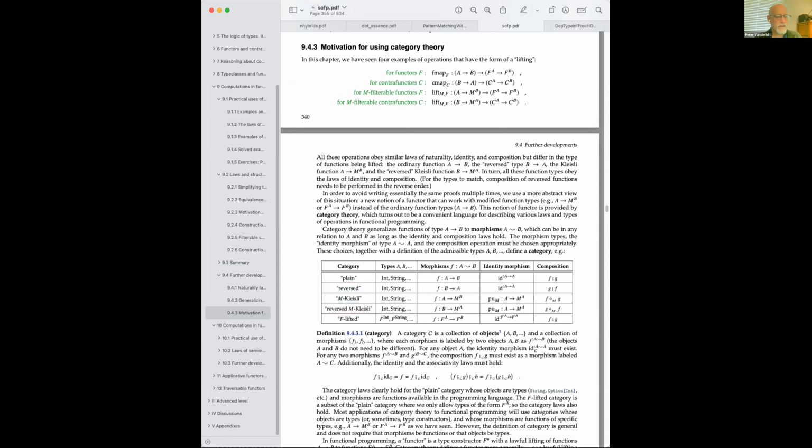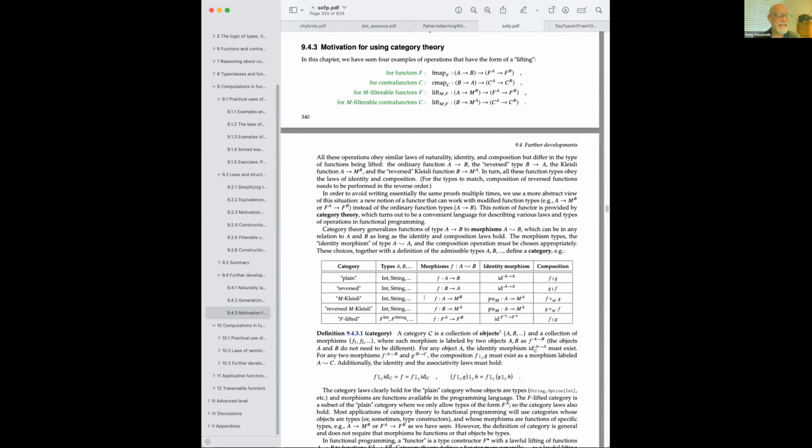The plain category has objects that are types. So if you have A and B, morphisms between them are just regular functions from A to B. But if it's a reverse category, a dual kind of category, he calls it reverse, then the functions go the other way, from object B to object A.